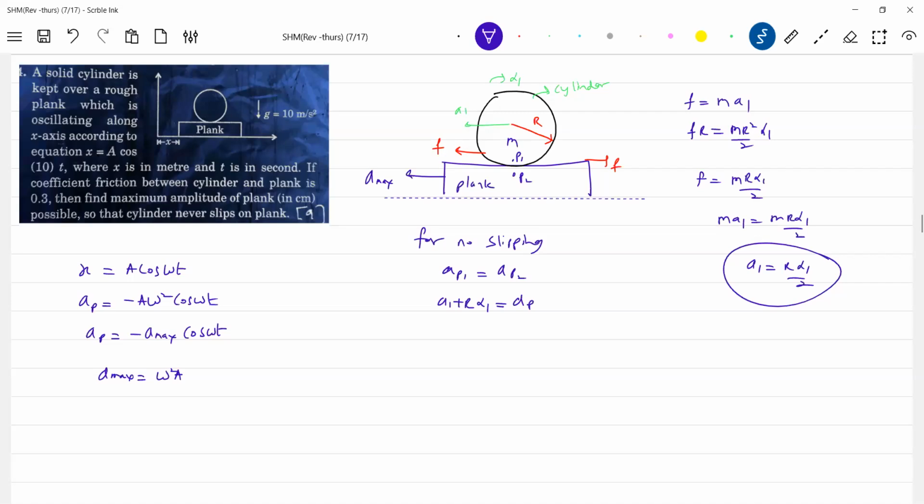So altogether this will become, the problem is not yet over. I will take help of this equation. If I substitute that, okay, let's begin here.